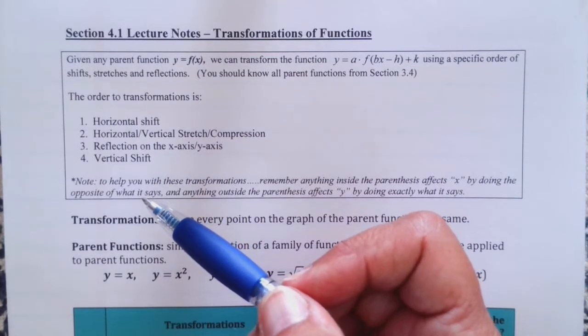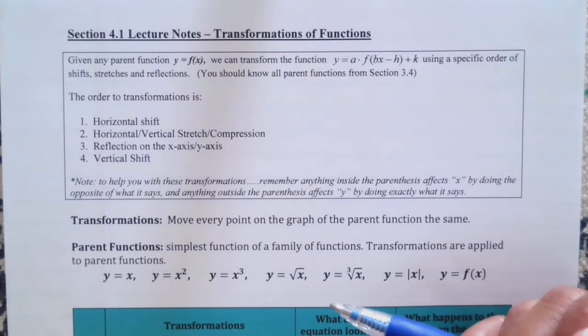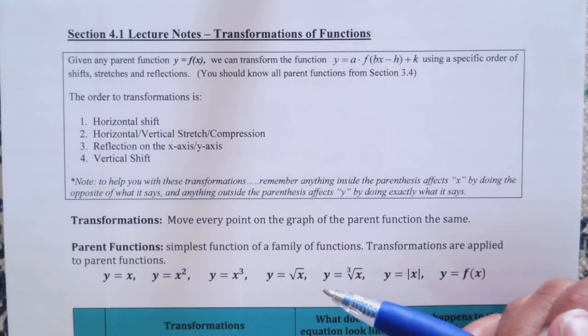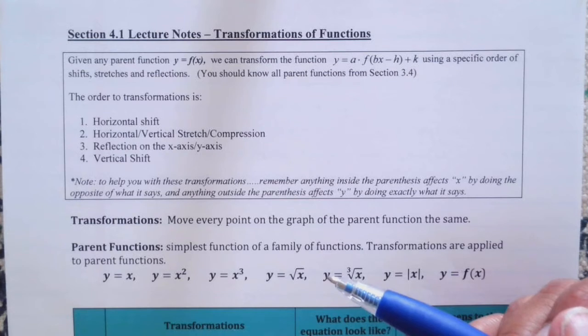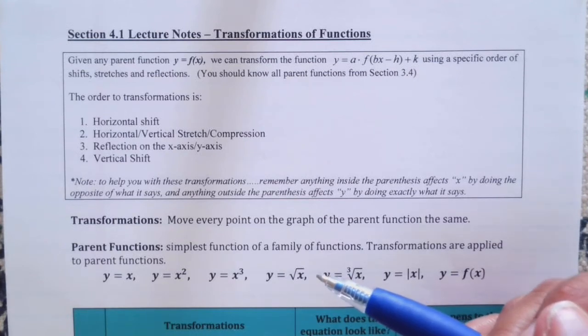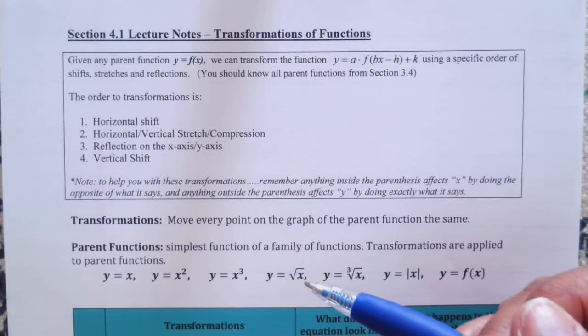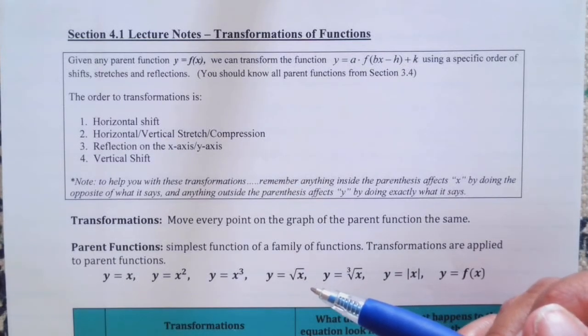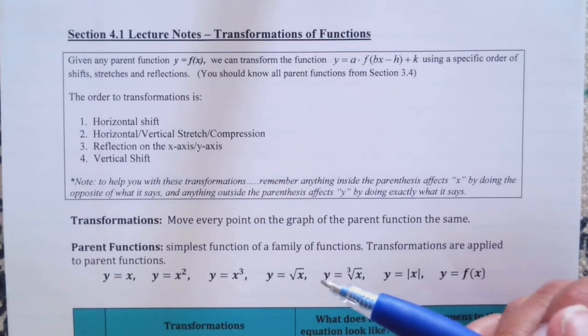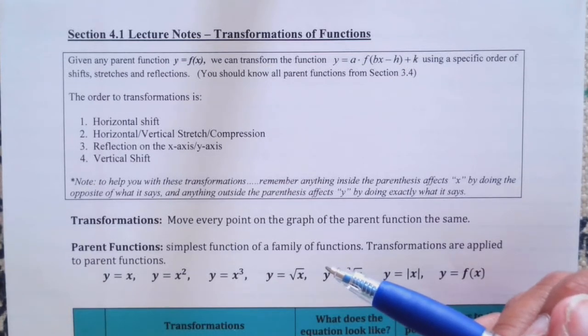One of the things I try to teach all of you, which will help you do these correctly, is to remember that when you're looking at a parent function and the numbers are inside with the x variable, then that number is going to affect the x value by doing the opposite.